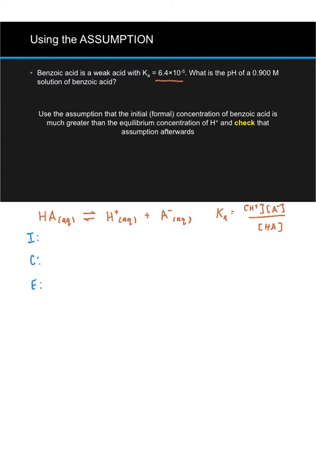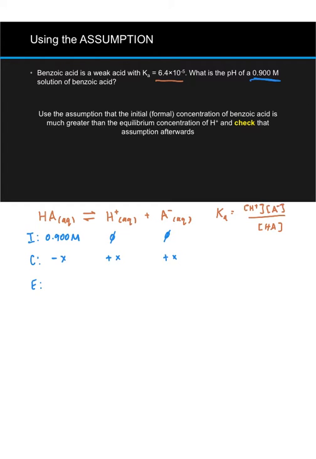According to our ice table, our initial concentration of HA, our benzoic acid, is 0.9 molar. From it, 0 amount of H plus, 0 amount of A minus initially. We subtract X amount of HA, we add X amount of H plus and A minus.